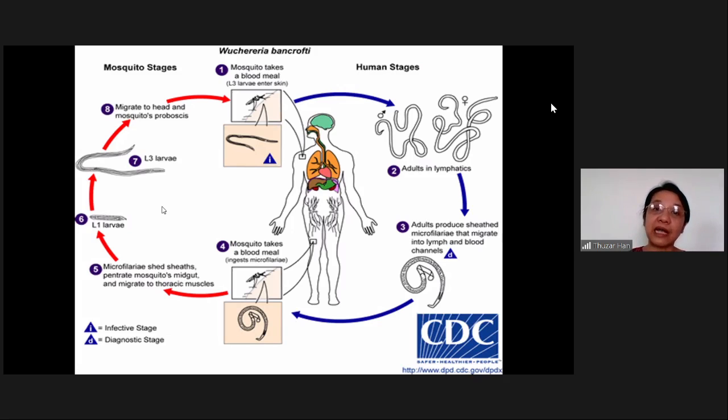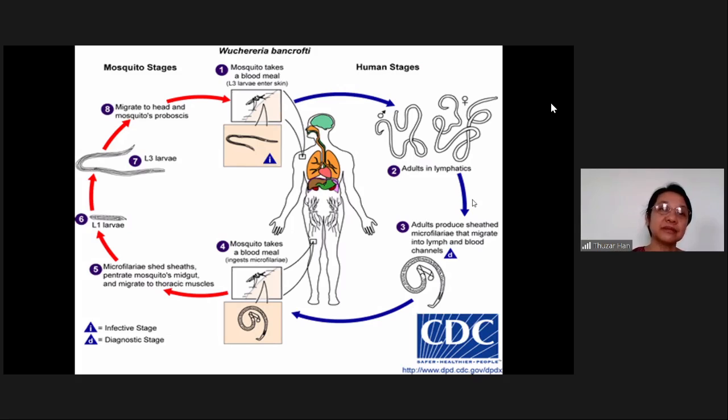Both are larval stages, but at different maturity. The form that goes into the mosquito is the sheathed microfilaria. In the mosquito, they first shed the sheath, and then develop into L1, then mature into L2, then L3.